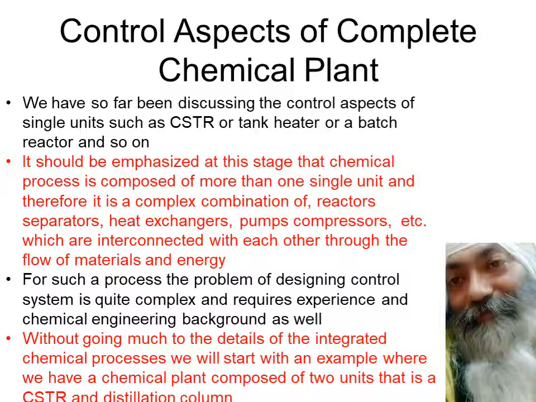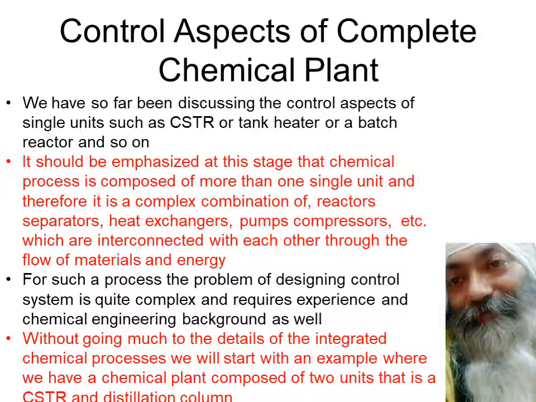But even when you interconnect these two, the CSTR and the distillation column, things become too complex. Just imagine that if we have a large number of such complicated single units, it will require a good amount of brainstorming, teamwork, and simulation, and these days you have computers and controls to take care of it.